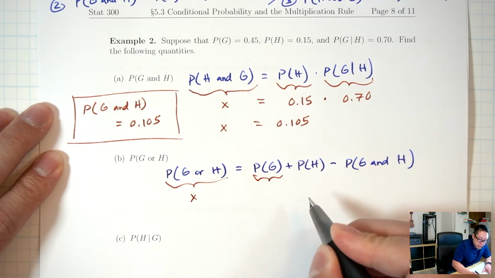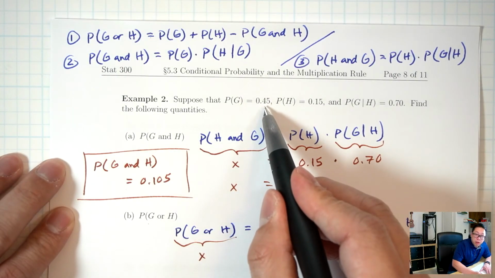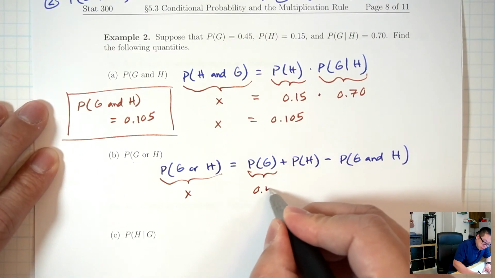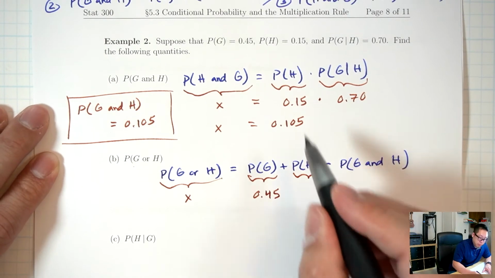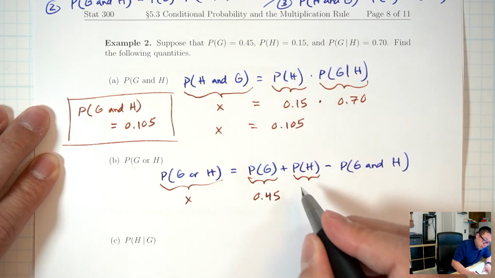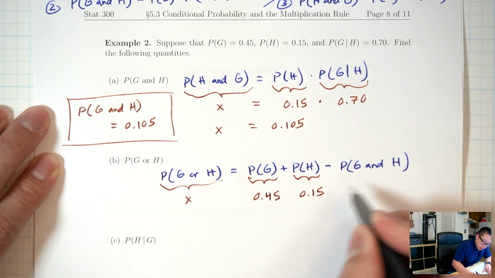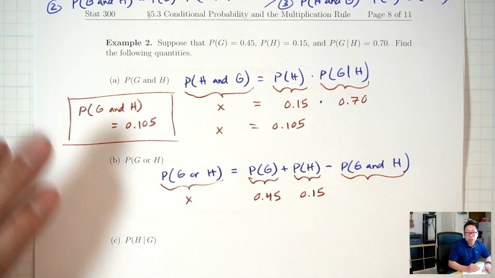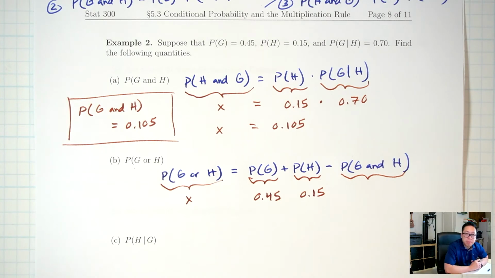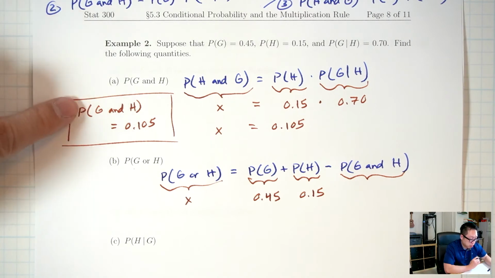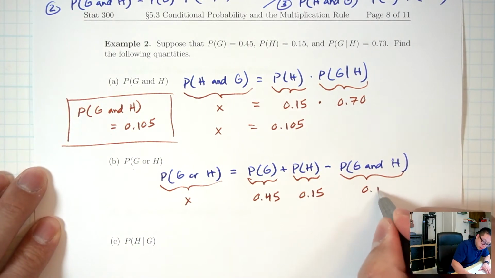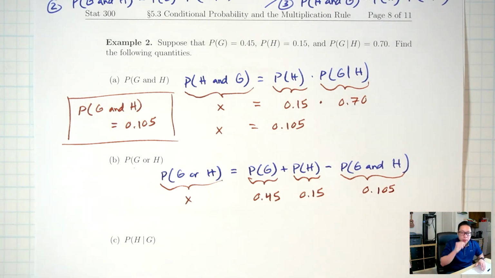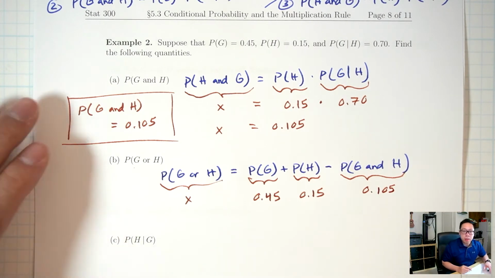Probability of G is 0.45. Probability of H is 0.15. Probability of G and H, do I know that? I do, right? We did that in part A. So probability of G and H is 0.105. And then go through and fill in the symbols.